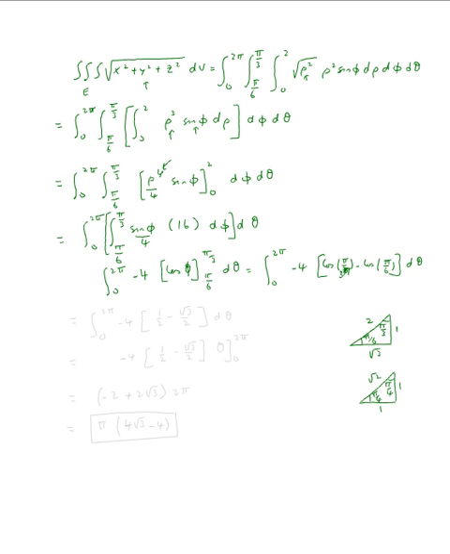Alright, so sine of pi over 3 will be square root of 3 over 2. We're doing cosine, so cosine will be 1/2. Cosine of pi over 3, 1/2. Cosine of pi over 6, square root of 3 over 2.